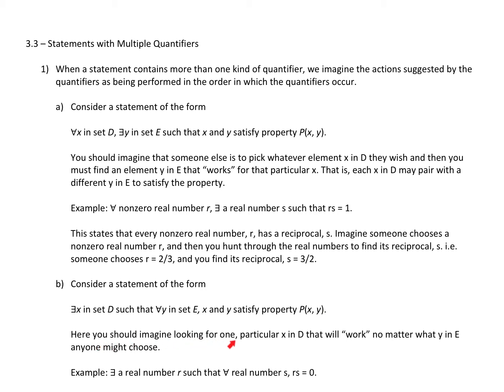So here you imagine that someone is looking for one particular x in D that will work no matter what y in E anyone might choose. So here we're looking for one particular x that works with every y.